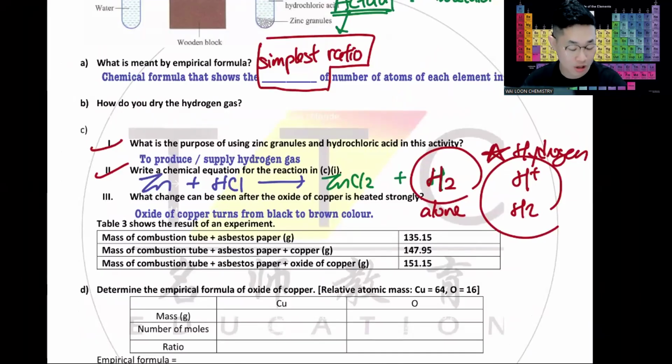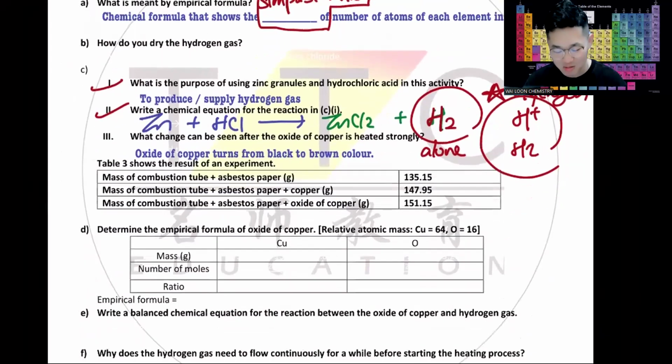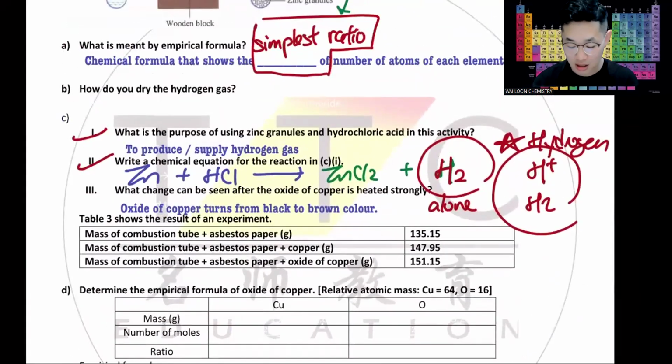Dark brown cannot. Can only be brown. Okay, black to brown.